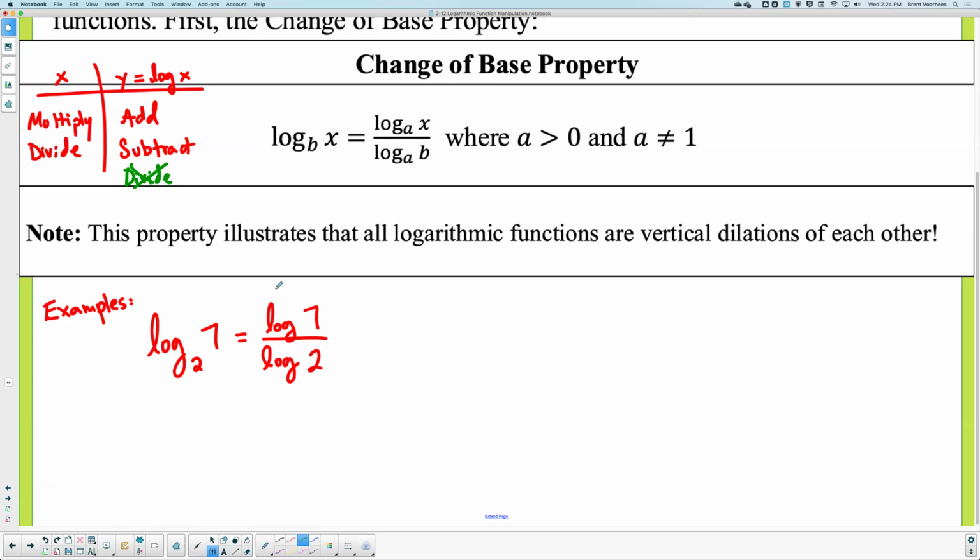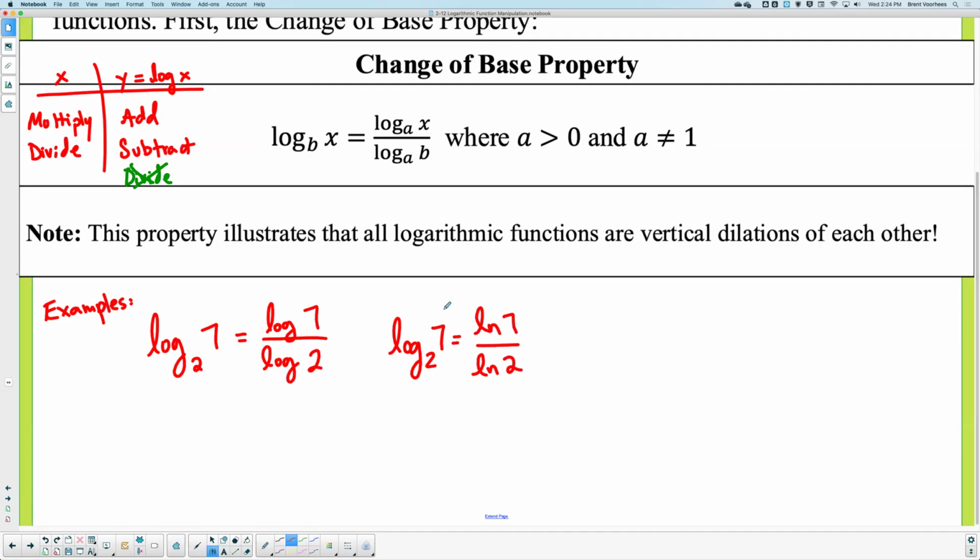Okay, let me give you another example. Let's call it example 1a. Here's example 1b. Log base 2, 7. You might be going, Mr. Voorhees is losing his mind. He just wrote that down. No, I'm not losing my mind. Log base 2 of 7 is the same thing as the natural log of 7 divided by the natural log of 2.